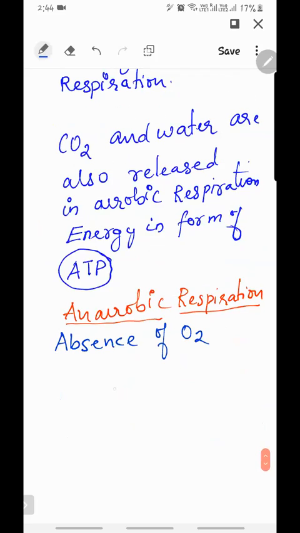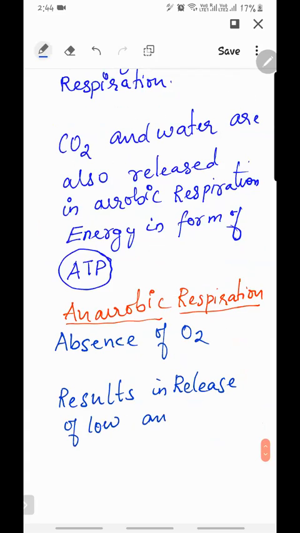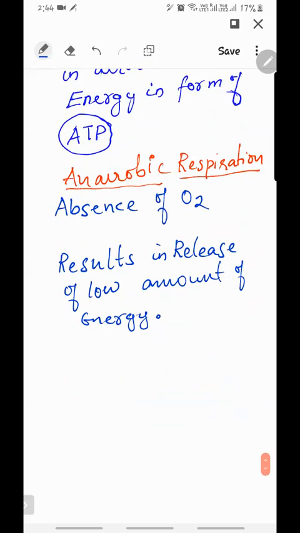Then it results in the release of a low amount of energy. So which is good, aerobic or anaerobic? Aerobic releases more energy, anaerobic releases less energy. Aerobic is good.